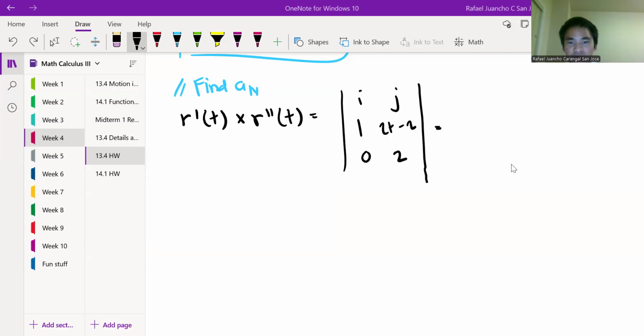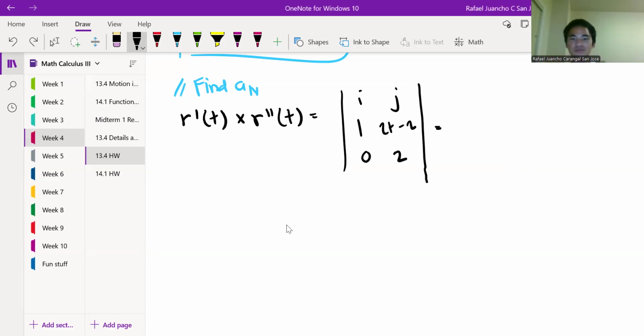Oh, there's no 3D cross product. Oh crap. The 2D cross product is really a scalar: a1 times b2 minus a2 times b1. Oh, so it's just a 2D cross product.